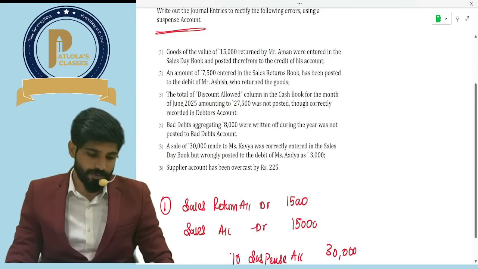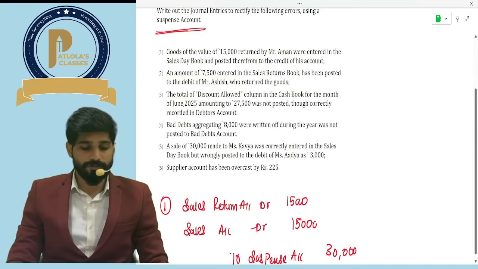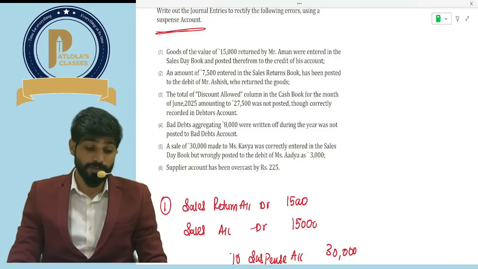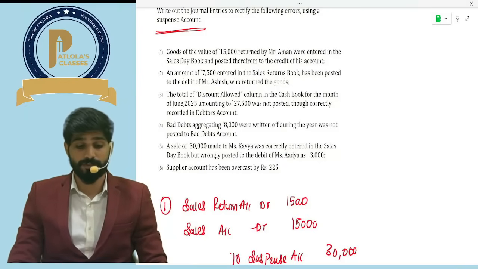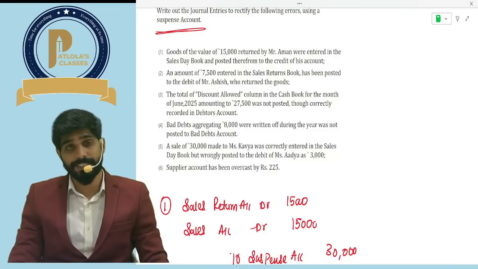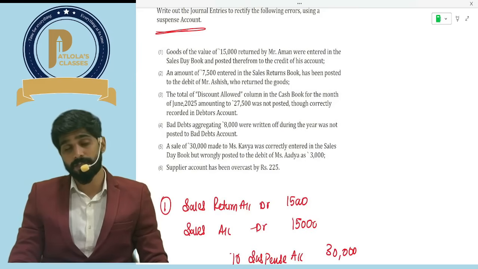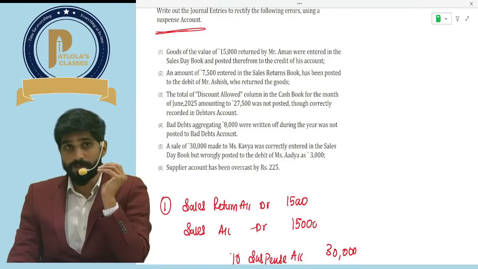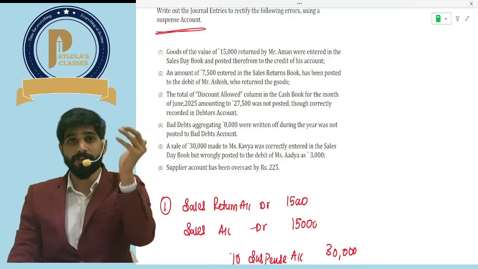Good. Next, come to the second one. An amount of 7,500 entered in sales return book has been posted to debit of Mr. Ashish. Guys, whenever there is a sales return, what is the entry for sales returns? Sales returns account debit to Ashish. But instead of crediting the account, they have debited the account.